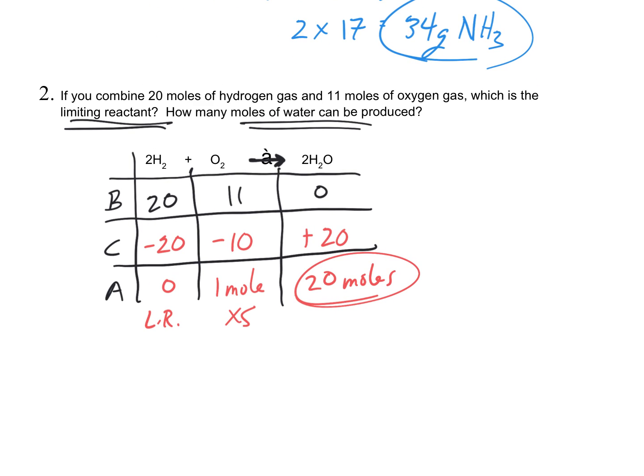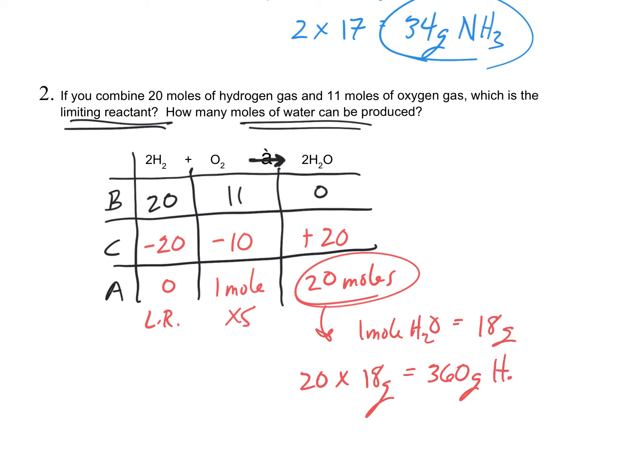Why not just take it to the next step and say, well, how many grams would that be? I know that 1 mole of water is 18 grams. Okay, so 20 moles is going to be 20 times 18 grams, and that is going to be 360 grams of water.